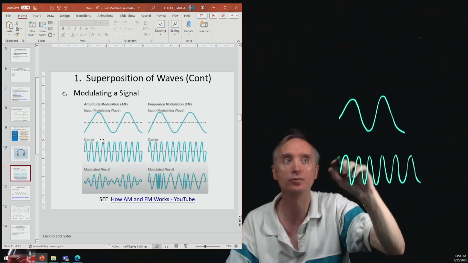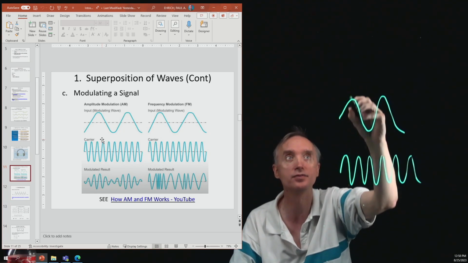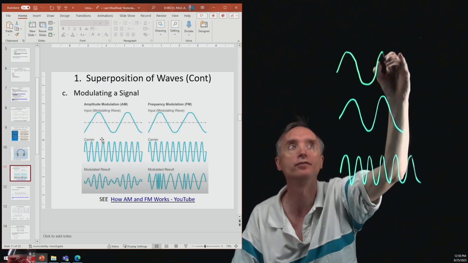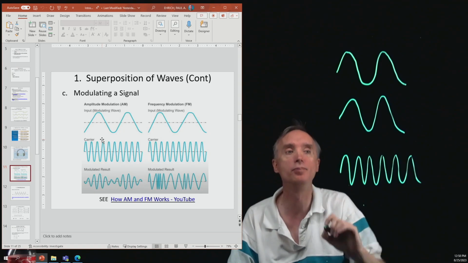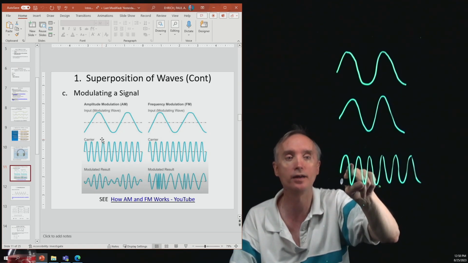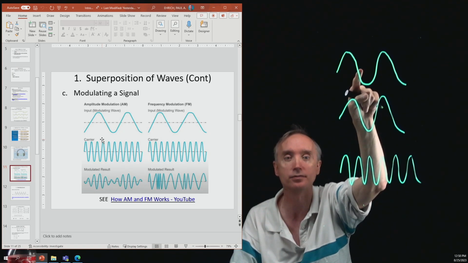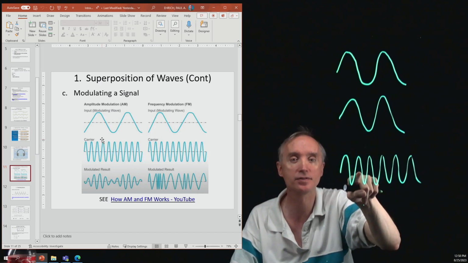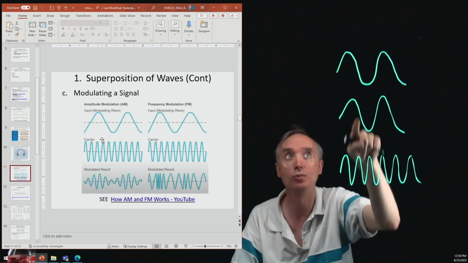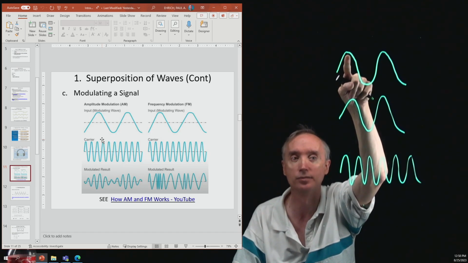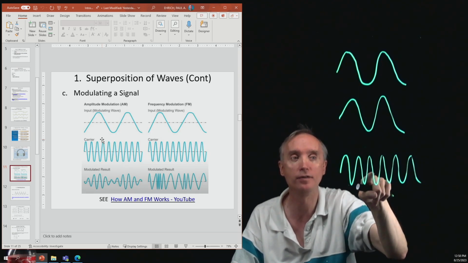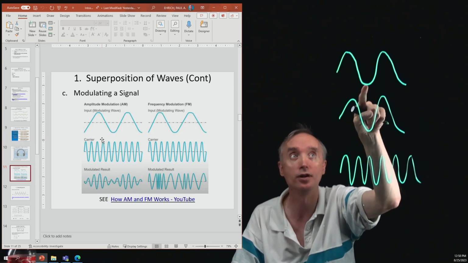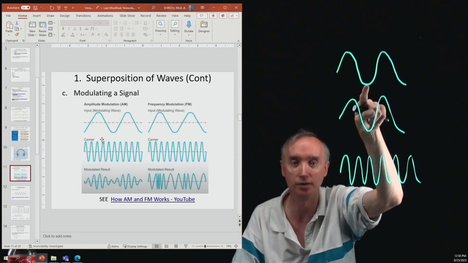And so what we're going to have is the original wave. So here's the original wave right here, but it's going to have this wave inside of it. And so notice that this wave has its maximum whenever this thing has its maximum. And then this wave, which is inside of this one, is going to be at its minimum whenever this one is at its minimum.